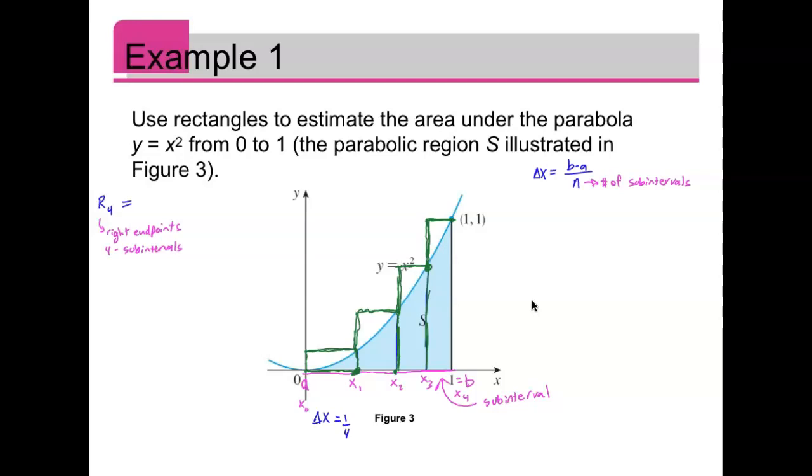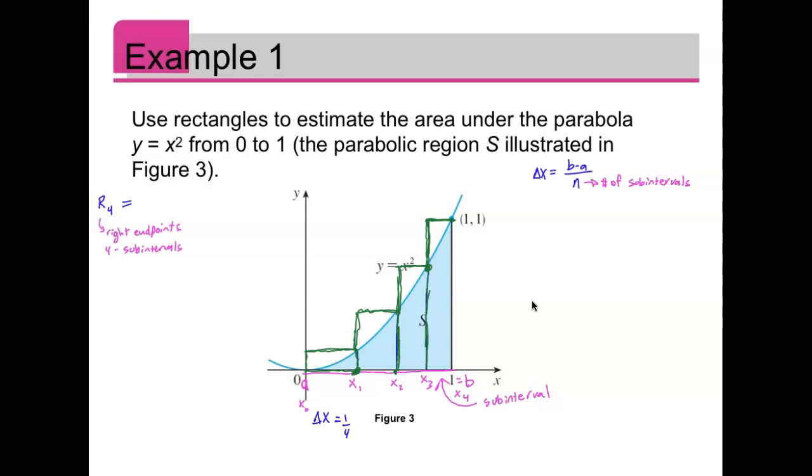Okay? And you can always ensure that by starting the leftmost as x0. B equals x4 equals 1. You're exactly right. A equals x0 equals 0 in this case. All right, well, I should be able to figure out the values of x1, x2, and x3.